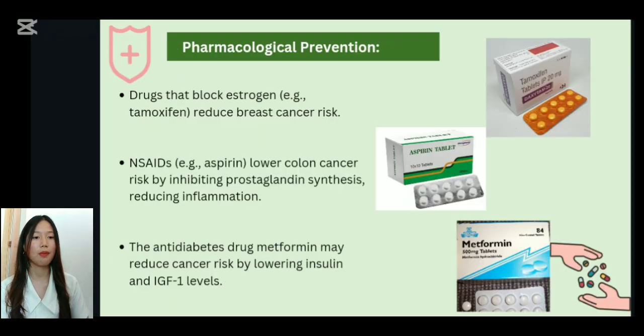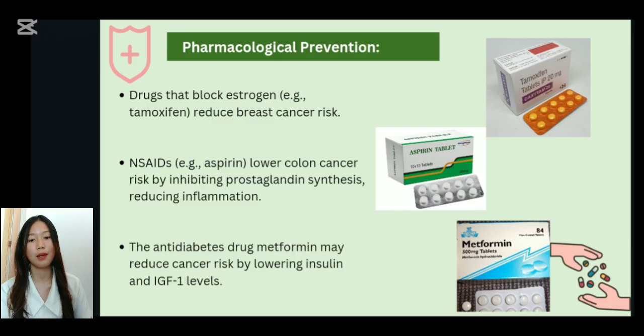So next is pharmacological prevention. There are certain drugs that can help lower cancer risk. The example here is tamoxifen. Tamoxifen blocks estrogen, reducing breast cancer risk.